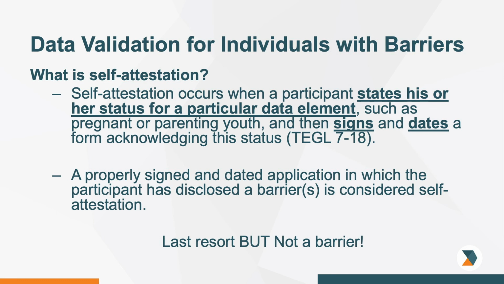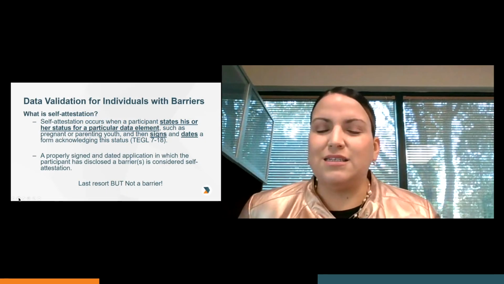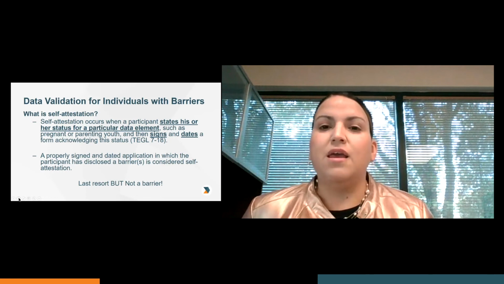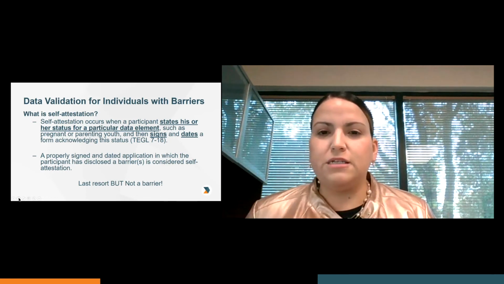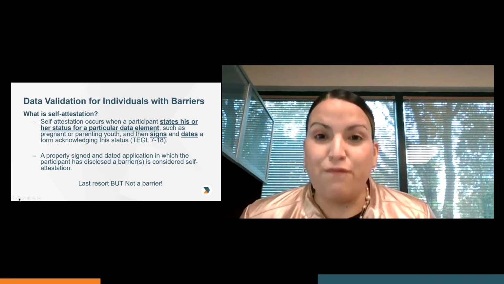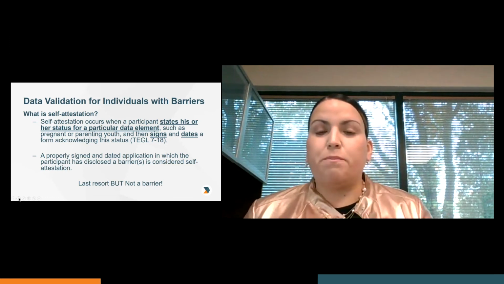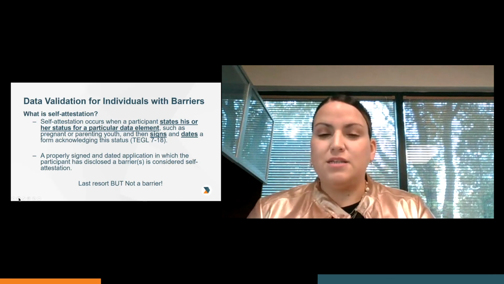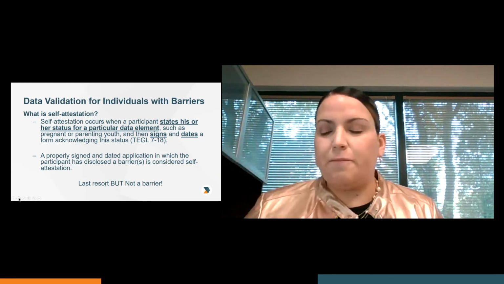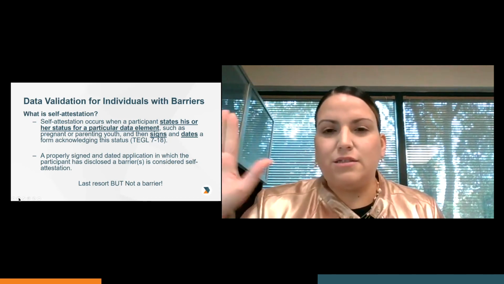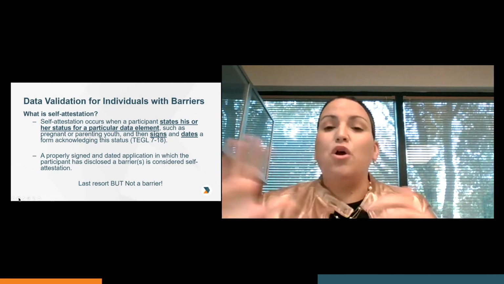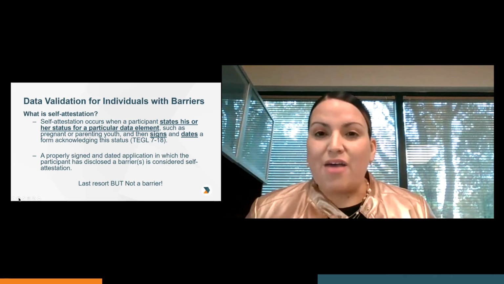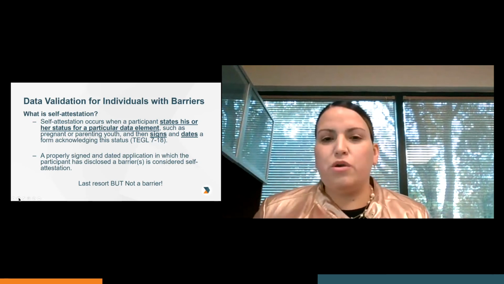That won't fly. But there are certain instances, and we're going to go over a specific example later in our training, in which you are using that barrier for eligibility purposes. The individual is unable to gather the piece of documentation that says that he or she has that situation. And in that instance, because there's no way that the individual can gather that piece of documentation, you can use self-attestation.